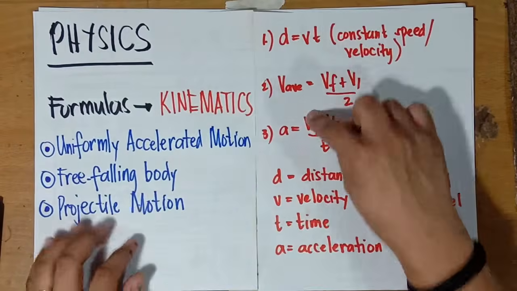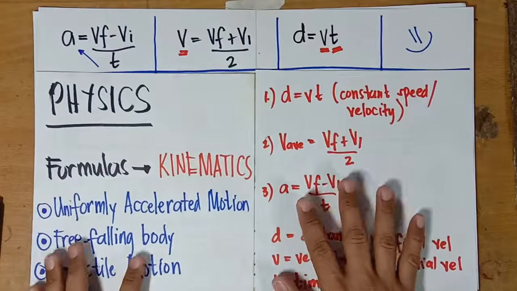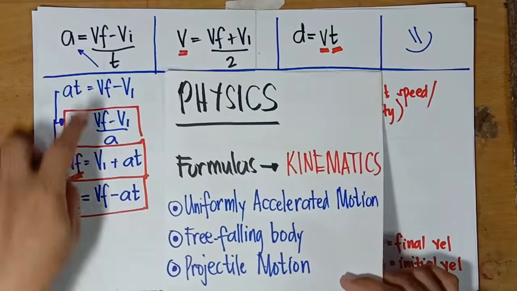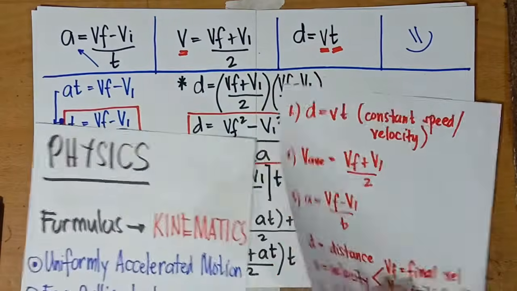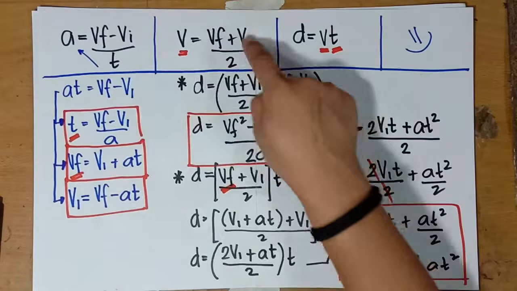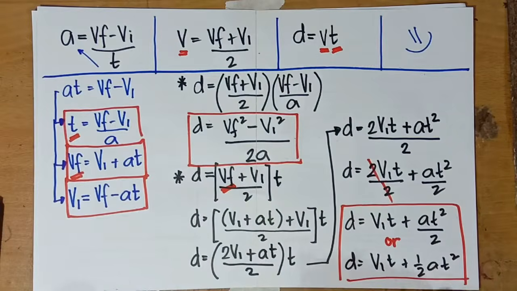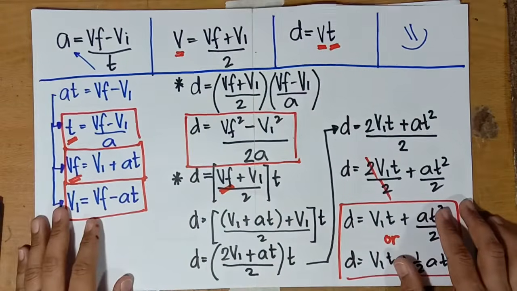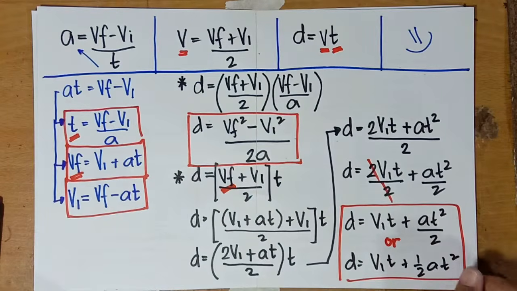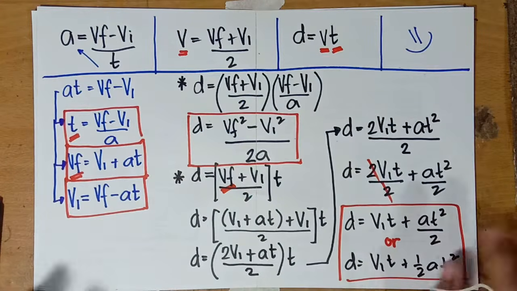And from those 3 formulas, you can derive 3 from here and then 2 from here using the other derived formulas. So there you go. That ends my video on deriving formulas for physics.